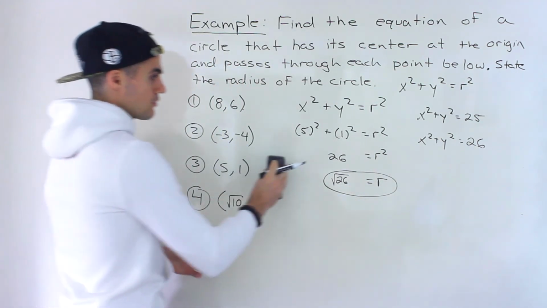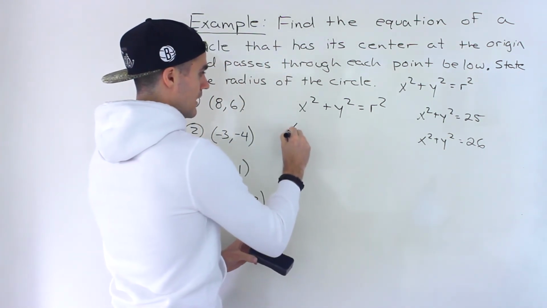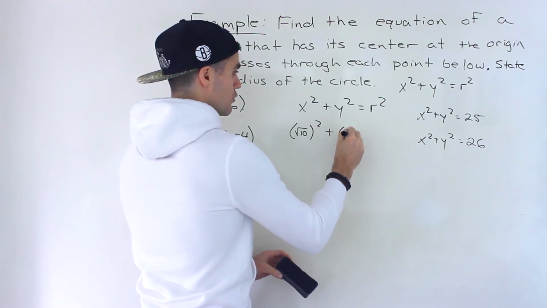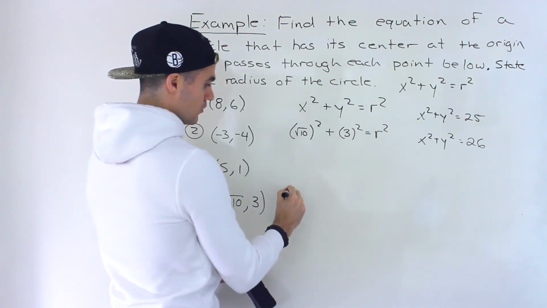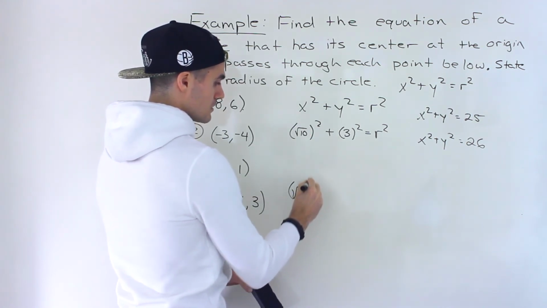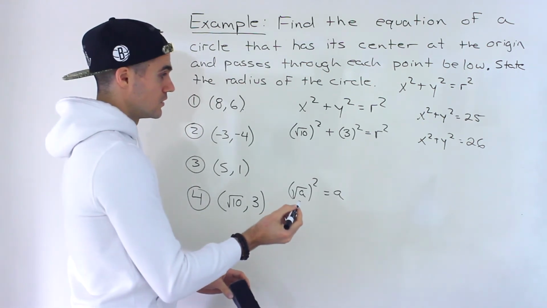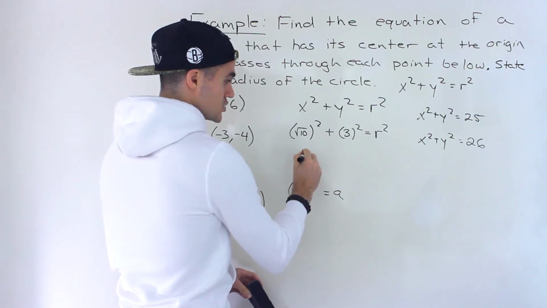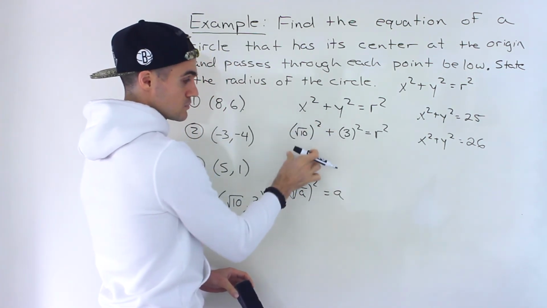And then root 10 and 3, so just be careful with these roots. So we'll have root 10 squared plus 3 squared. Now, whenever you have, just in general, the root of something squared, it's just going to be the value under that root. So root 10 to the power of 2 is just 10. It's not 100. If it was 10 to the power of 2, then it would be 100.